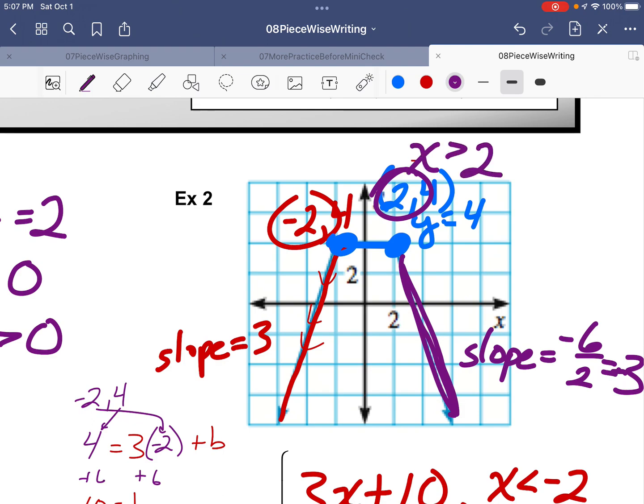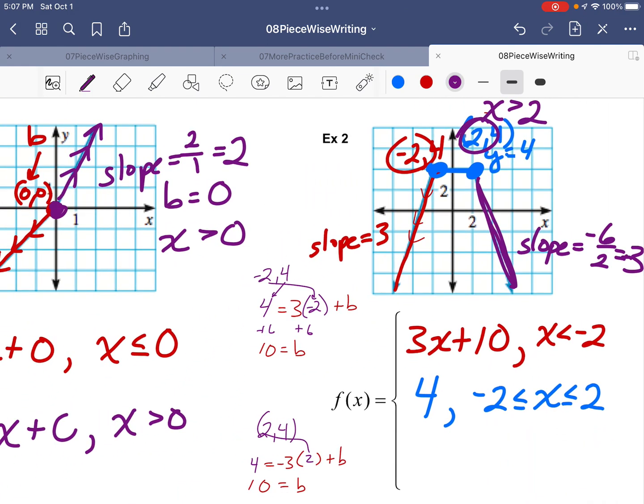So again, we say that we're going to be greater than that x value because the graph is going to the right. Now, how does this all shake out? -3x plus 10 because the slope's negative, and we're going to the right, so I use a greater than sign of the x value of 2.